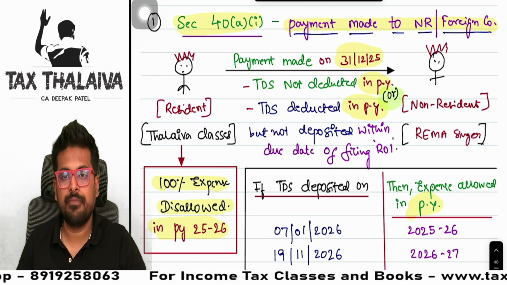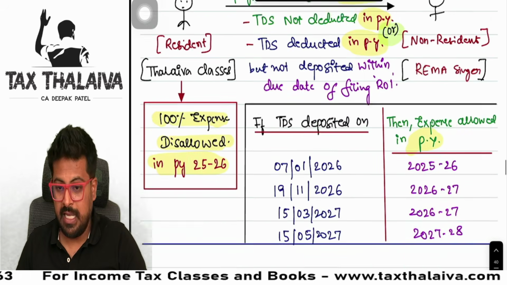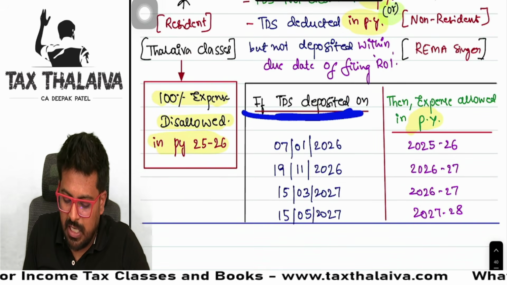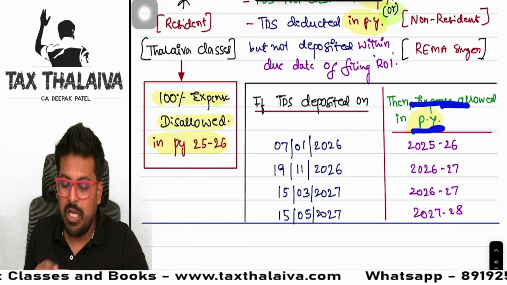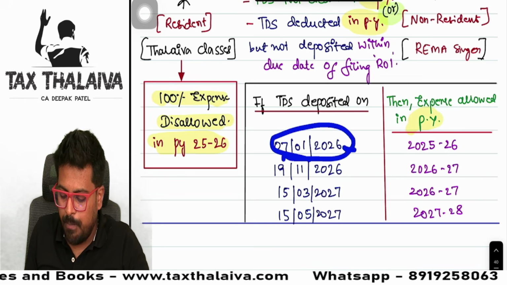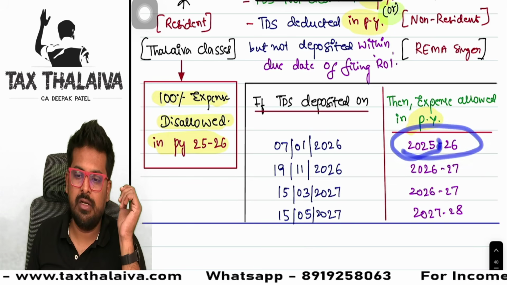Sir, what if you later went and deposited the TDS with the government? If TDS is deposited, let's say, on 7th of Jan, then in which previous year is the expense allowed? This falls in previous year 25-26, so I can claim 100% as deduction.